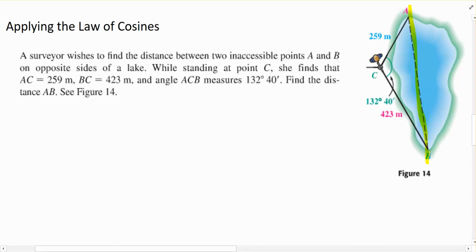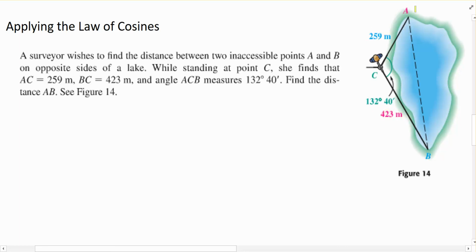We're going to use the law of cosines on this because, remember, the law of sines says it's the ratio of a side to its angle. I don't have enough information to use the law of sines because I have a side here, but I don't know the angle across from it, and I know this side here, but I don't know the angle across from it.